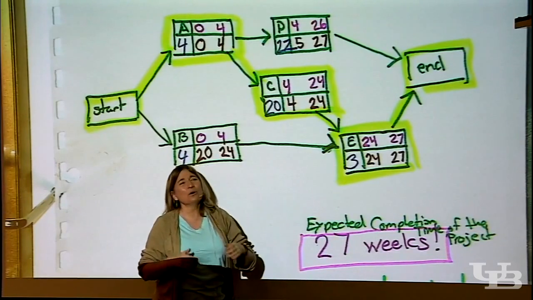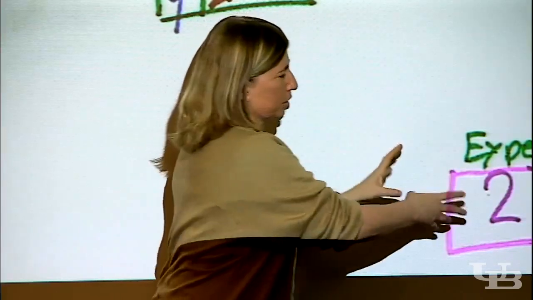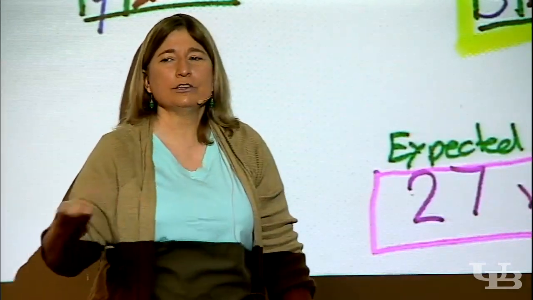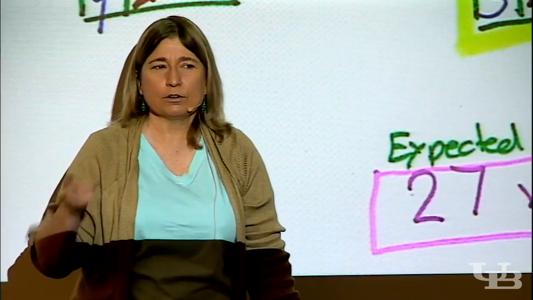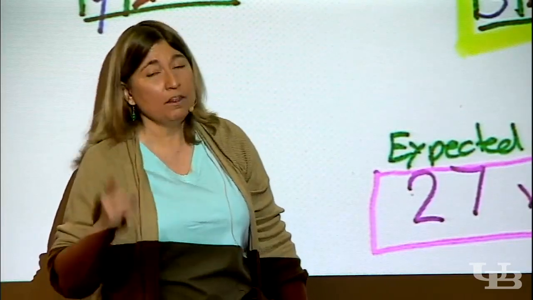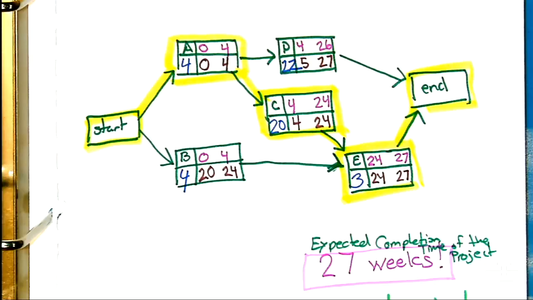So the only way to gauge the risk of the whole project being done within 29 weeks is to break it down into its paths and figure out the risk associated with each one of the paths. That's how PERT works.